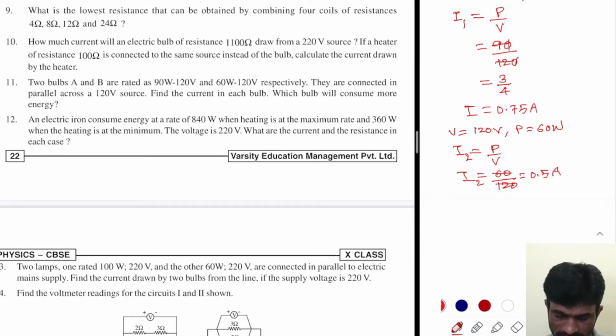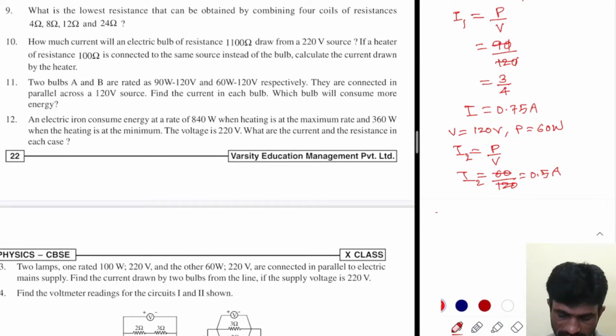Then what happens? Energy in the first case: where I is more, there the energy will be more.